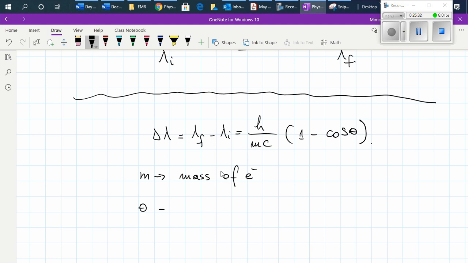And angle theta is the angle created through the X-ray scatters, so the angle created between the scattered X-ray and initial X-ray.